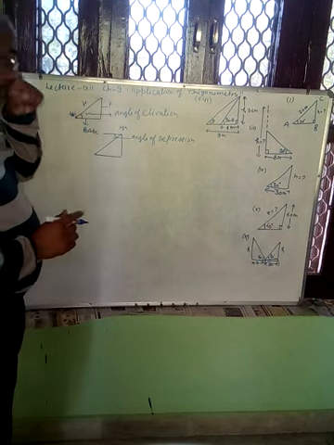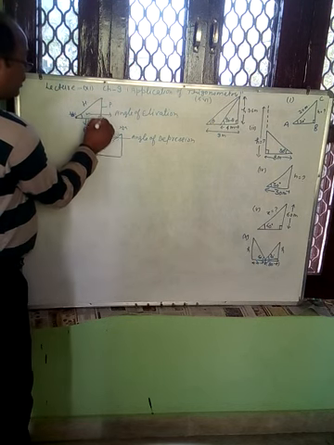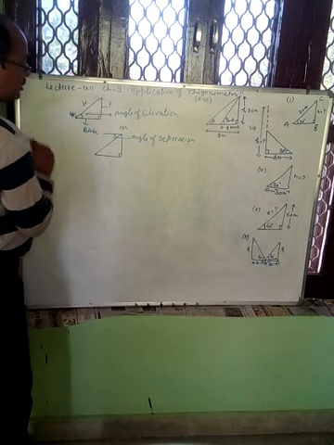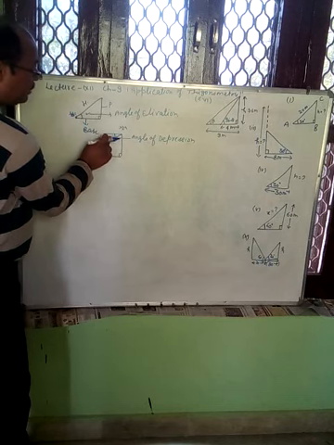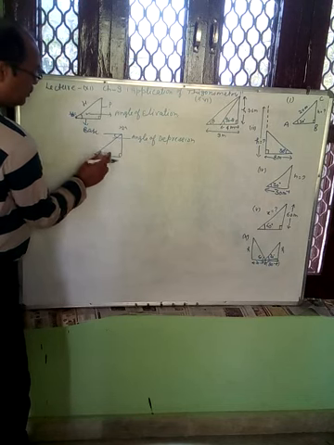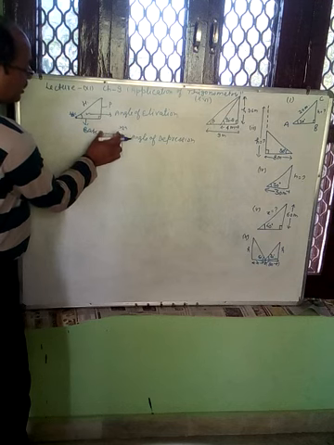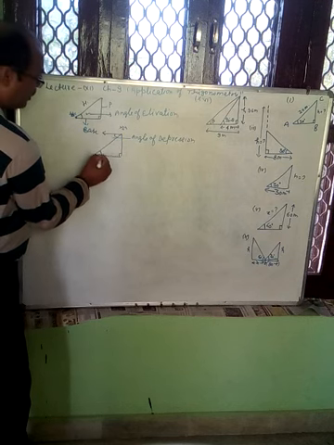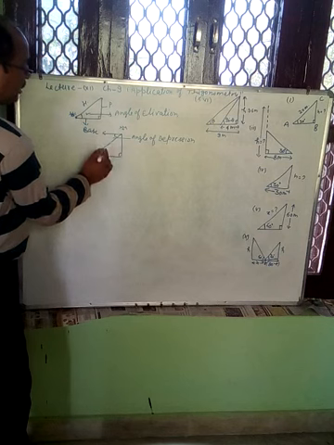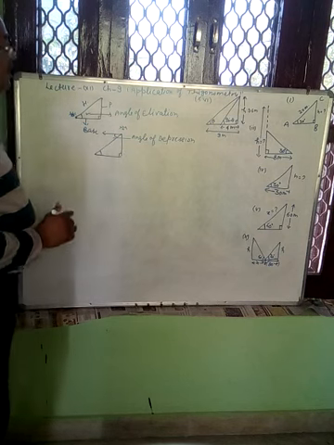Okay, and in these triangles, this angle of depression is equal to this angle, because this line is parallel to this line. It means the alternate interior angles are the same.